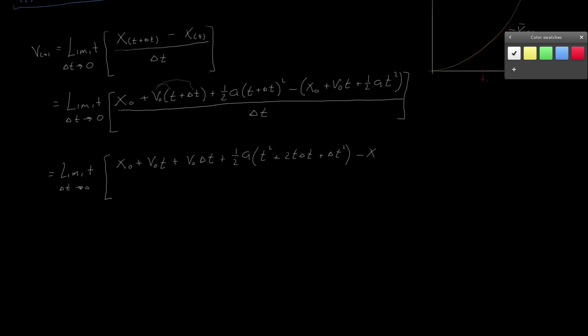So I get x naught minus v naught t minus 1/2 a t squared. And all of that is over delta t. Close that bracket and do some more.